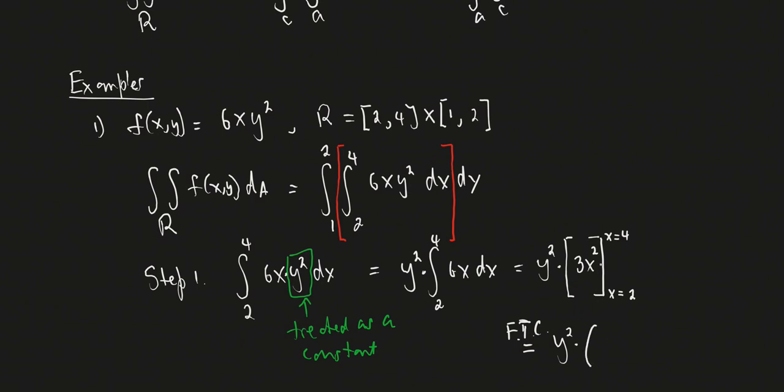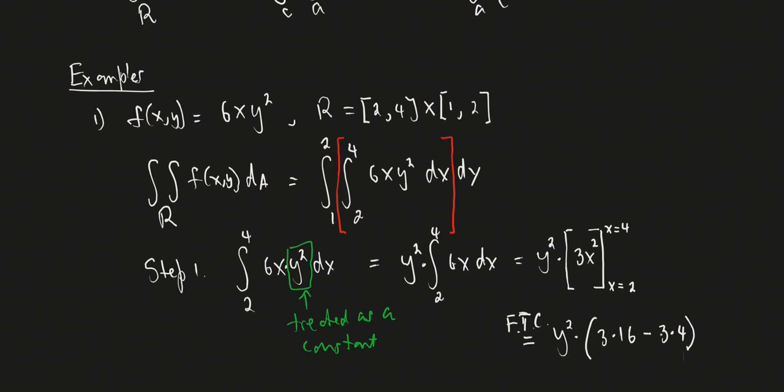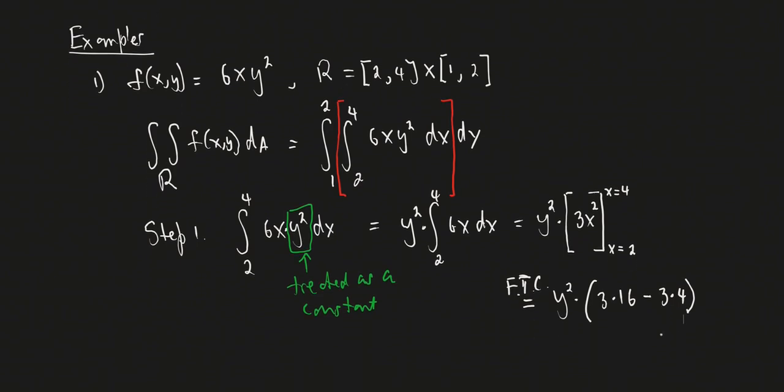So then it looks like, we have 3 times 16 minus 3 times 4. So that gives us, let's see, what do we have here? So y squared, this is 48 minus 12, so we got times 36.